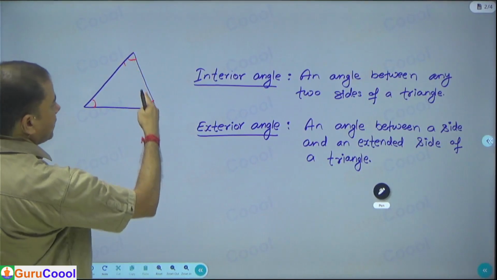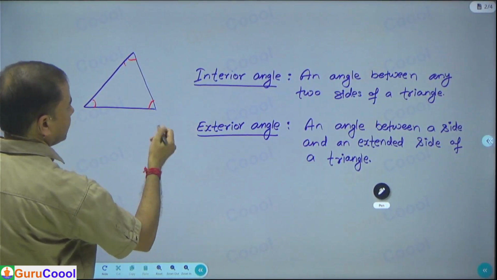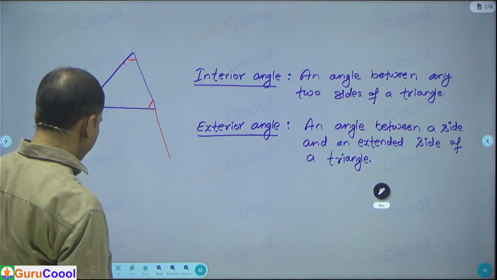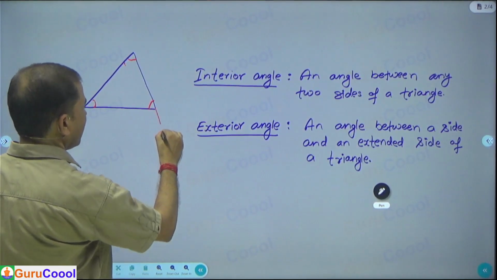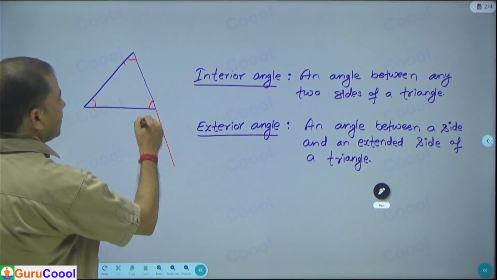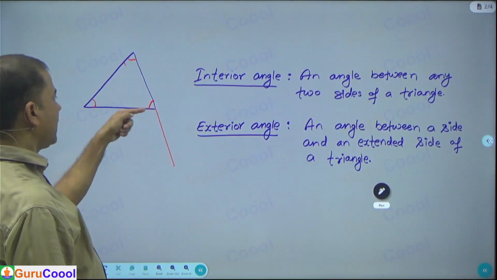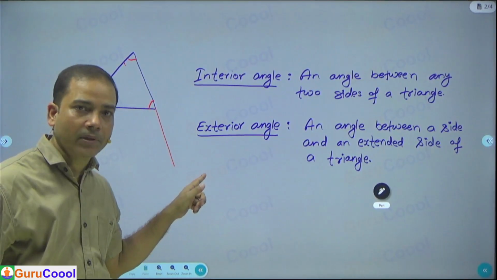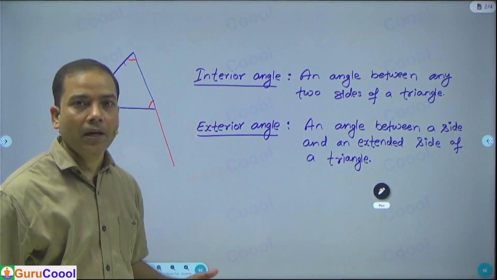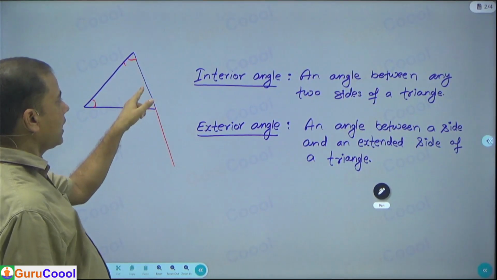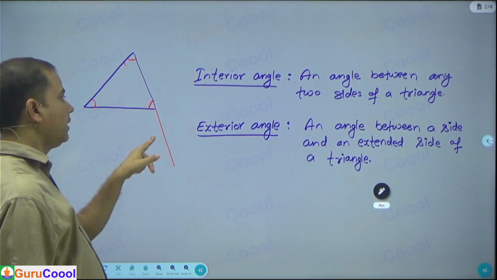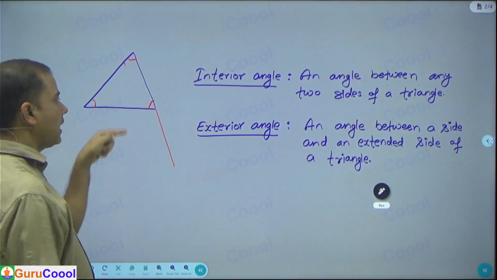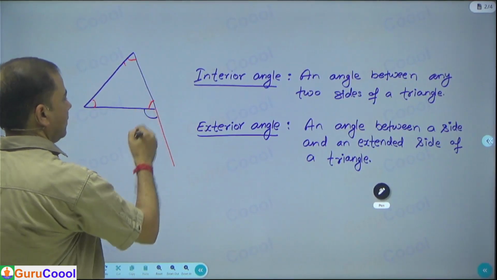So I'm going to consider this side. I'm going to extend it this way. Just extend it in the same path. Once again, well, here. So now you can see this line is a side of the triangle and this one is not a side of the triangle but extended part of the side, right? This is a side, but this is the extended part of the side. So the angle here between the extended part and the side is known as exterior angle.